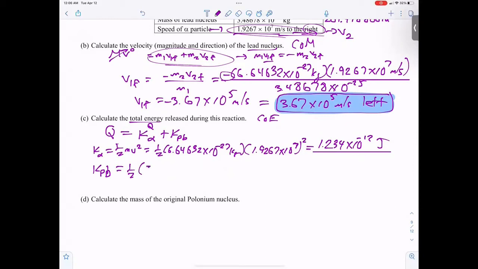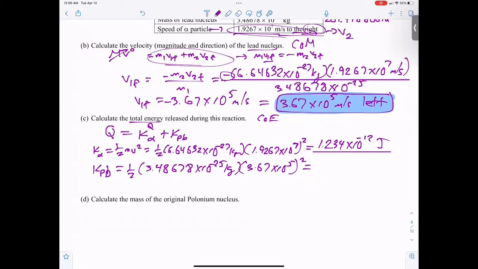So the mass is 3.48678 times 10 to the negative 25 kilograms, times its speed, which we just found in this part right here, to be about 3.67 times 10 to the 5. Again, don't forget to square it.